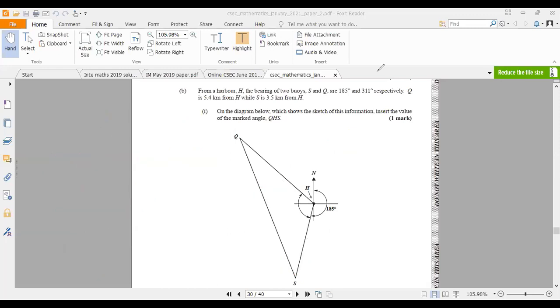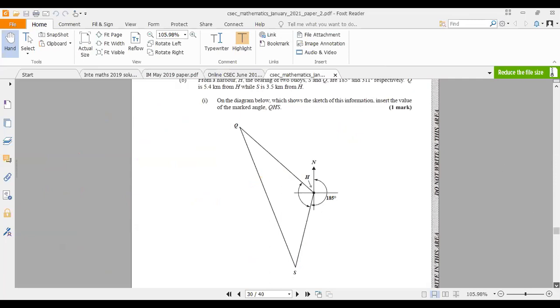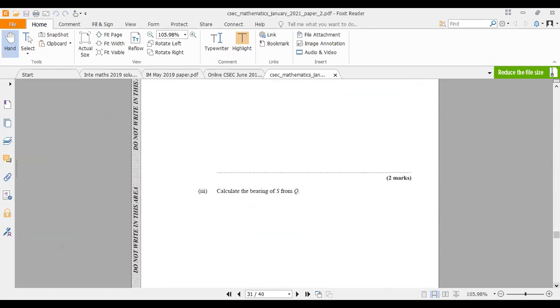Calculate the bearing of S from Q. So here you have to learn the language, right? We are from Q. You are going to S. I repeat. You are from Q. You want to go to S, right?